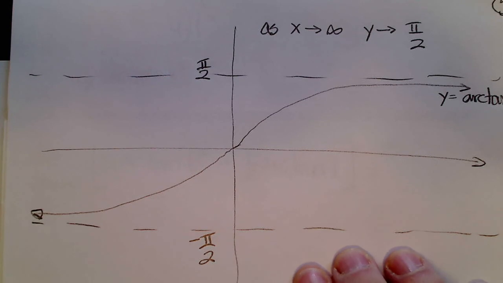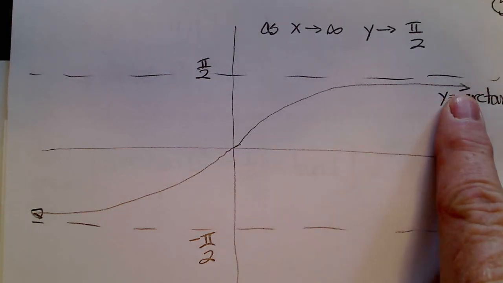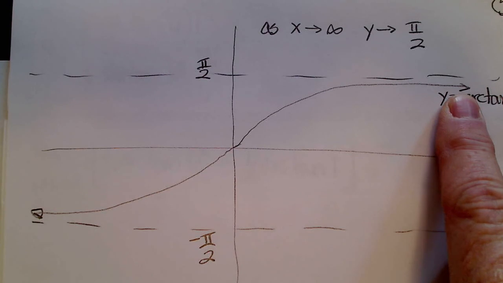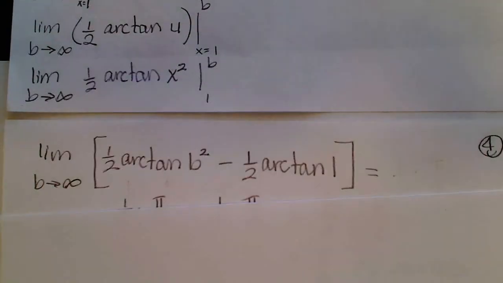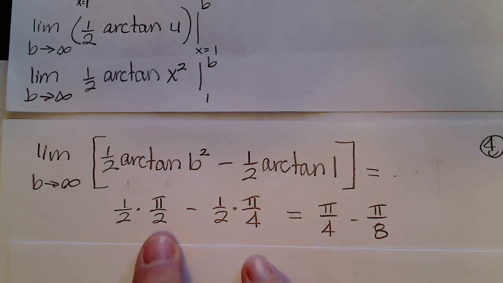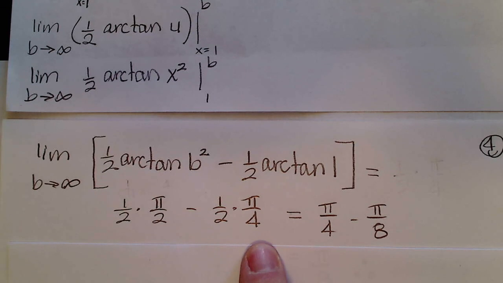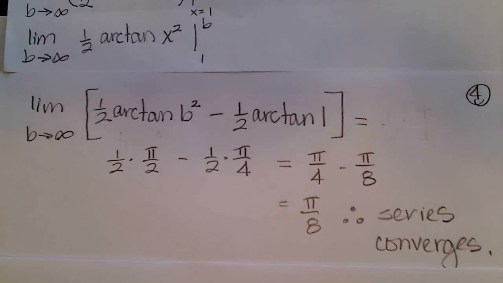We know that the domain can go to infinity, but as x goes to infinity, y approaches pi over 2. So then, from that little review there, we know that these two are going to evaluate this way: 1/2 times pi over 2 minus 1/2 times pi over 4, which gives us a final answer of pi over 8.